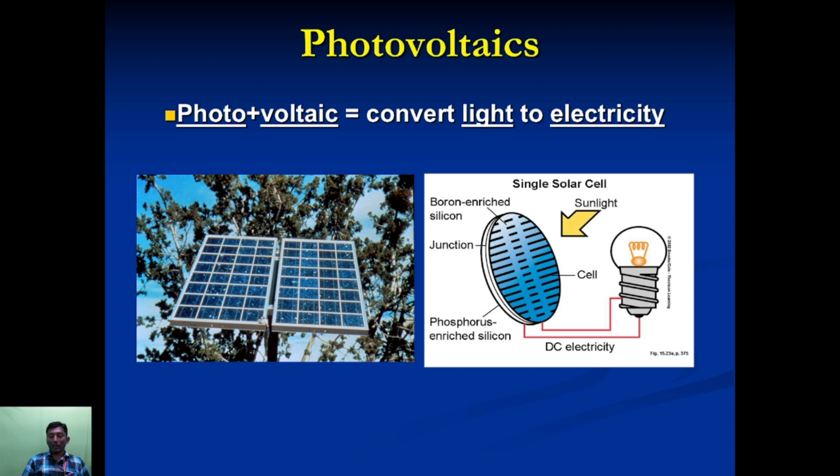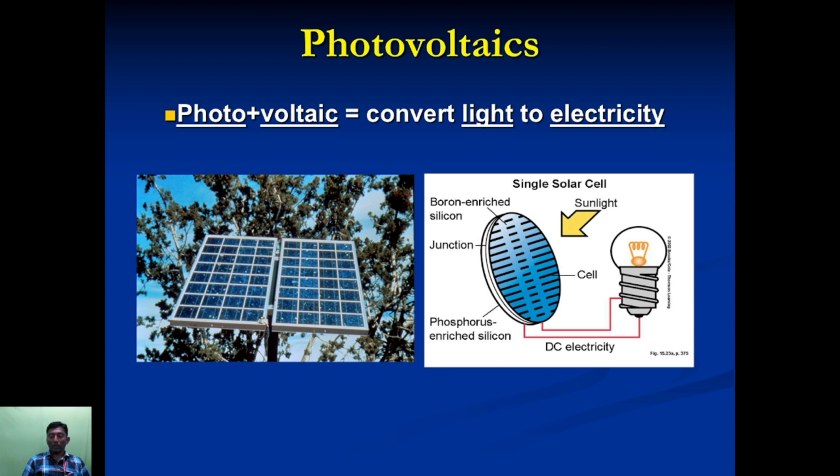We have a solar cell, in which we have an n-type layer. This is a silicon based solar cell, a boron enriched silicon based solar cell. We have an n layer and a p layer, and there is a p-n junction.